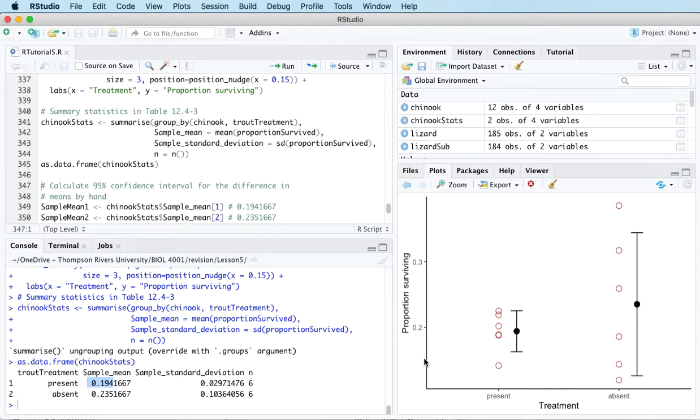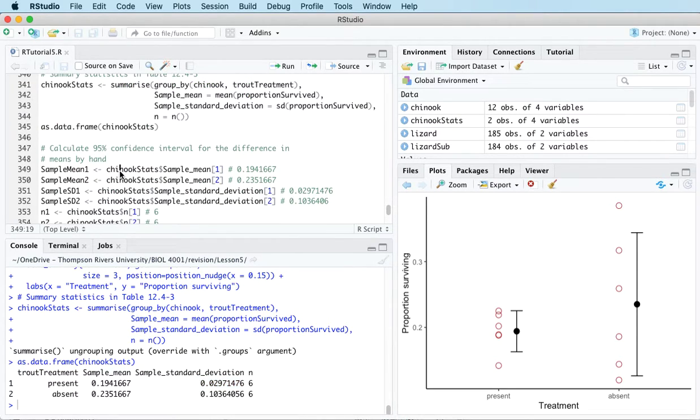The rule of thumb we talked about briefly in the last video is that if one sample standard deviation is at least 3 times bigger than the other, then we might not be able to assume the population variances are the same. In this case, the sample standard deviation in the absent group is more than 3 times bigger than in the present group. So we're going to have to use something called Welch's approximate t test.